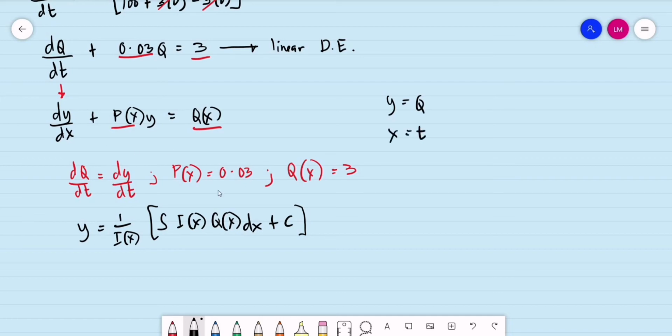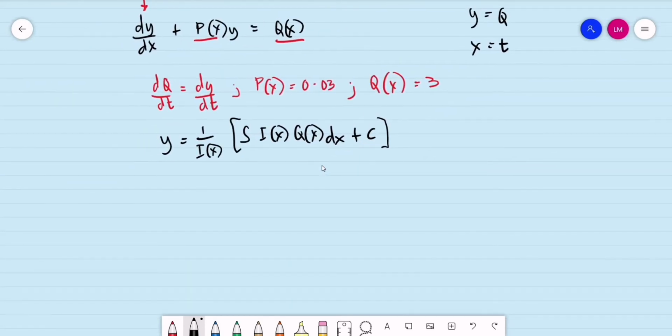So what will be the equivalent of our integrating factor? Instead of x, I'll be using t, since this is with respect to time. I of t is simply equal to e raised to the integral of p of x dx. But again, since I'm using t, that will be the same as e raised to the integral of p of t dt.